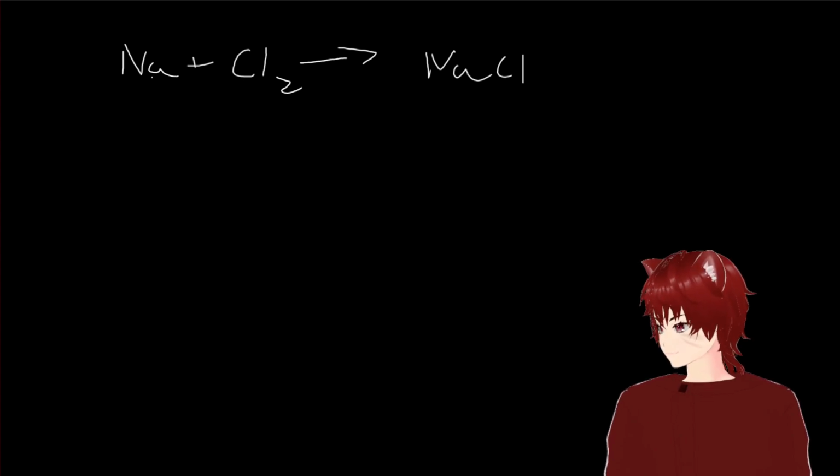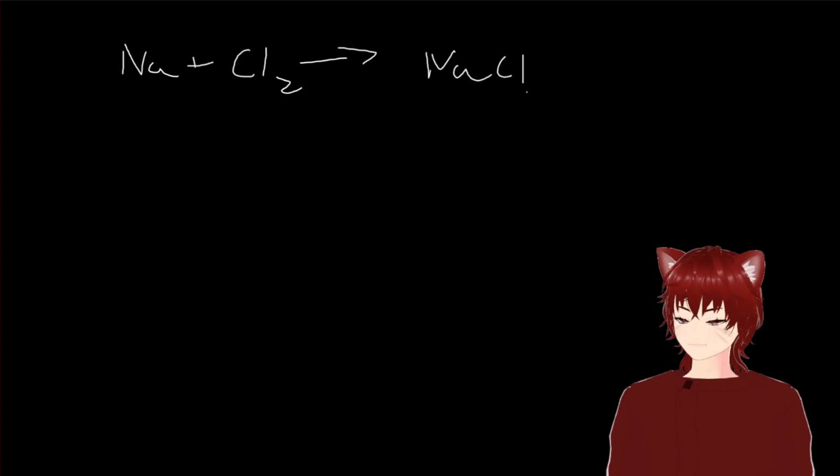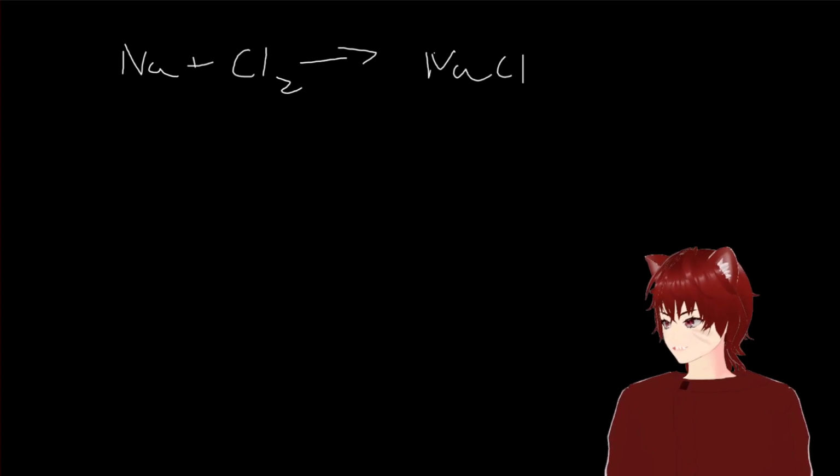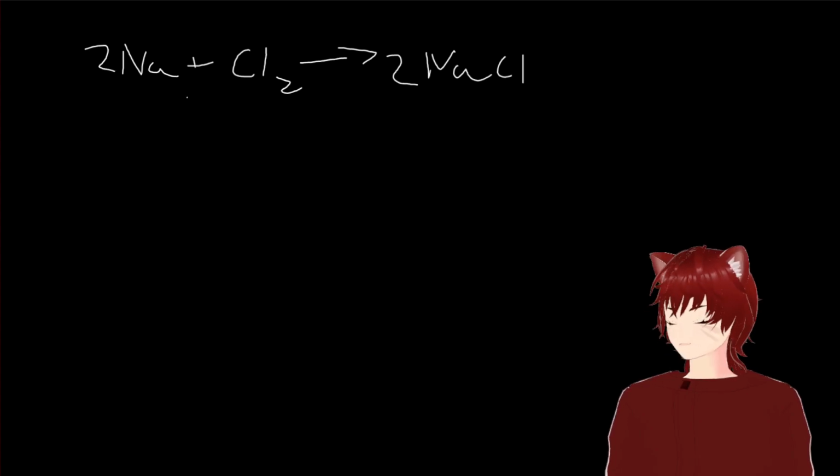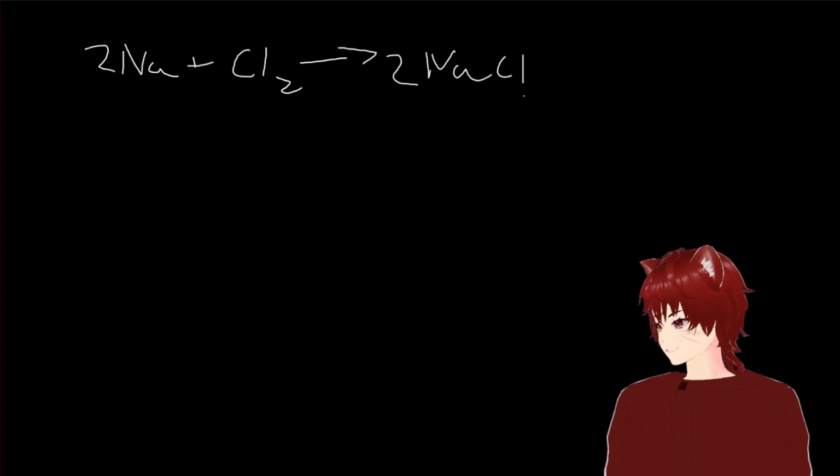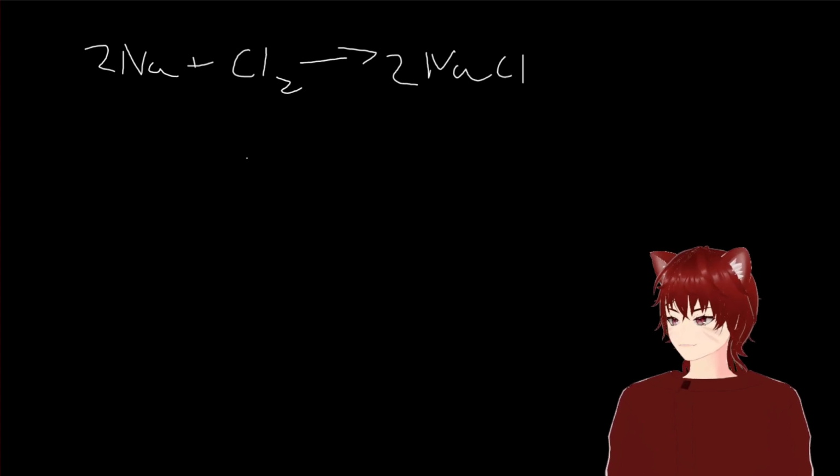This is clearly not accurate. We have two chlorines over here, but only one chlorine over here. So we have to add a 2 to get our 2 chlorine to match up with this side. And now that we have 2 sodium, but only 1 sodium over here, we add another 2 over here. I won't go into detail about balancing equations, but we do need the balanced equation to do stoichiometry.